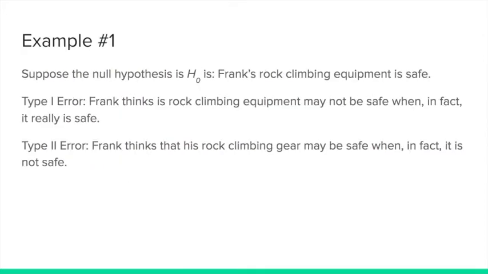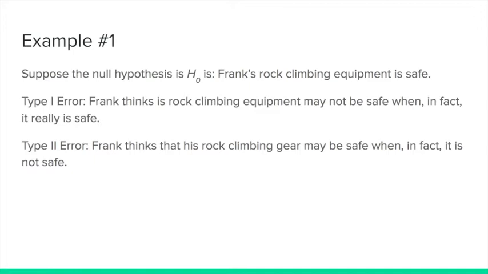All right, so here's some examples. This is the kind of stuff you're going to do in your homework, okay? So we're given a null hypothesis here. Suppose that the null hypothesis is Frank's rock climbing equipment is safe. So a type 1 error would be to think that the rock climbing equipment is not safe when in fact it is safe.